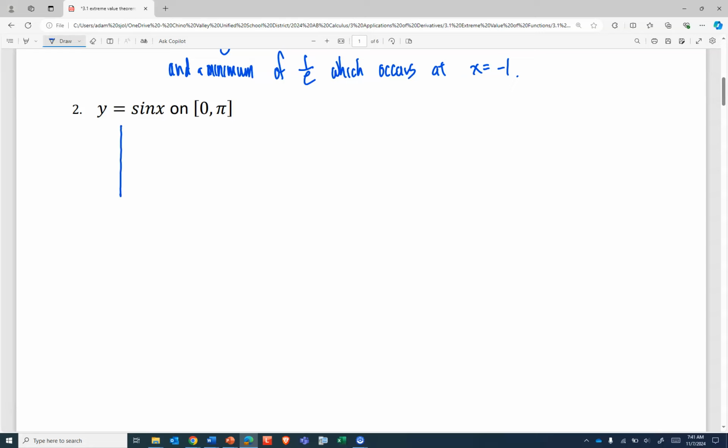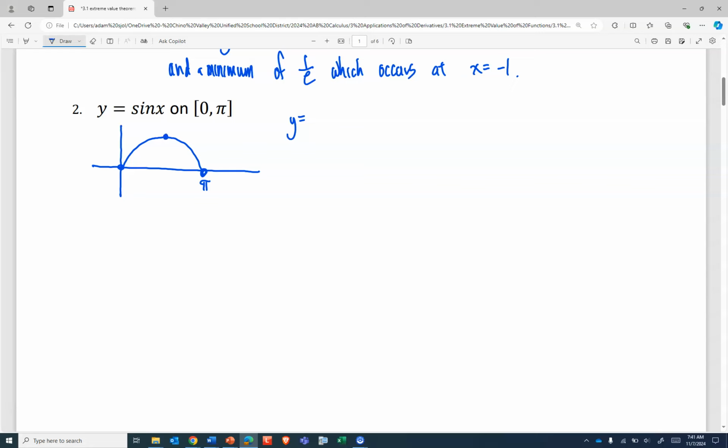So sine of x would always have maximums and minimums, but we couldn't use the extreme value theorem unless we were given a continuous function on a closed interval, which we are. So, well, we kind of already know what we're going to get.